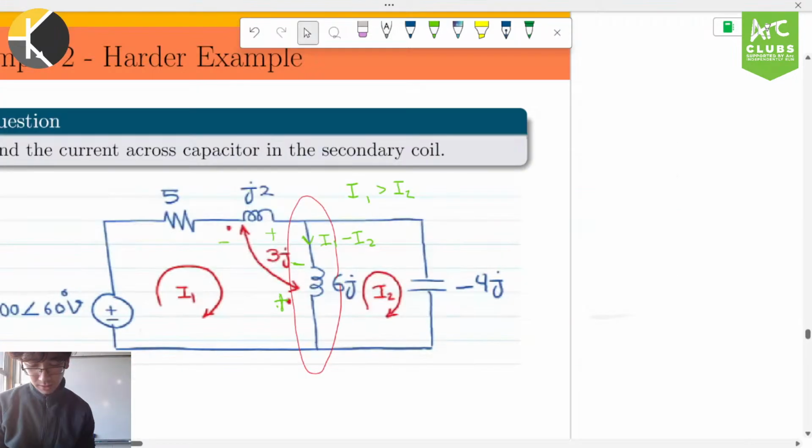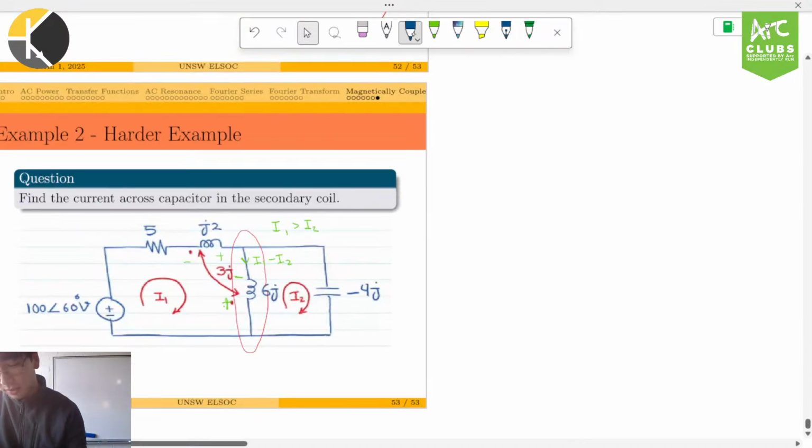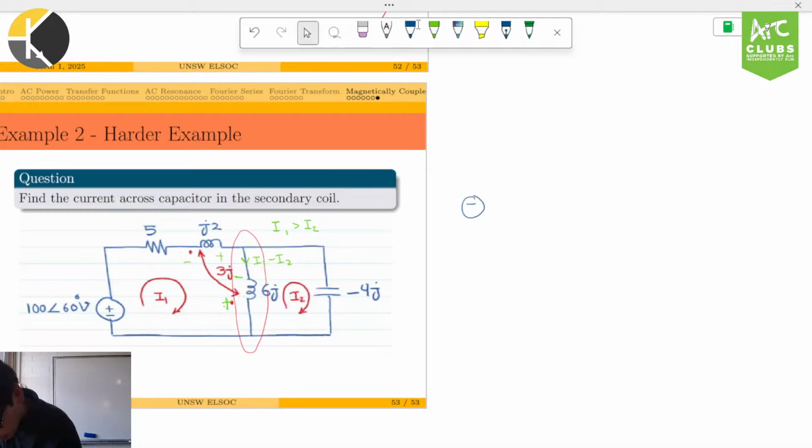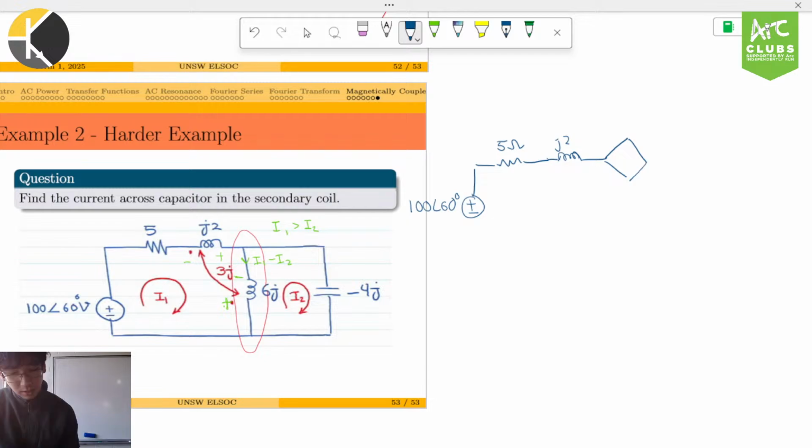To make this look a bit simpler, I'm going to use the equivalent model that we talked about earlier. So I'm going to convert this circuit to a 5 ohm, the inductor, and then we're going to have a dependent source here. Noting the polarity, we're going to have a negative on this side and a positive on this side.